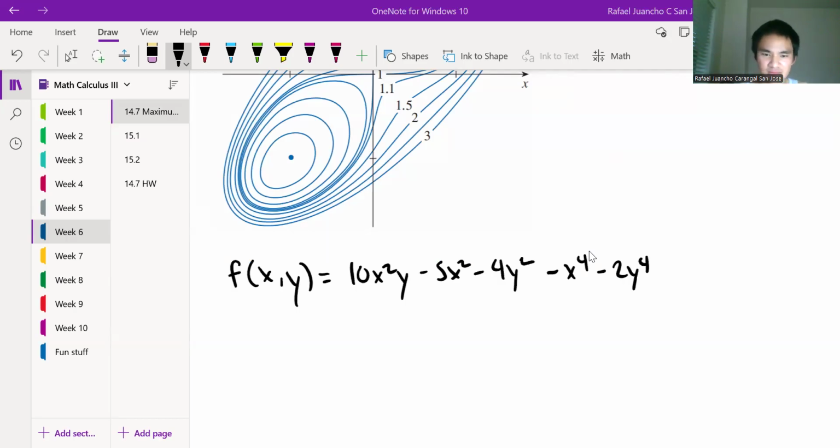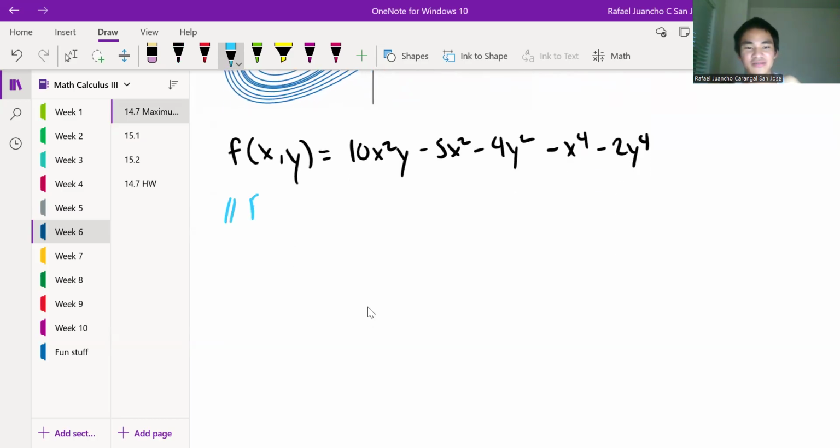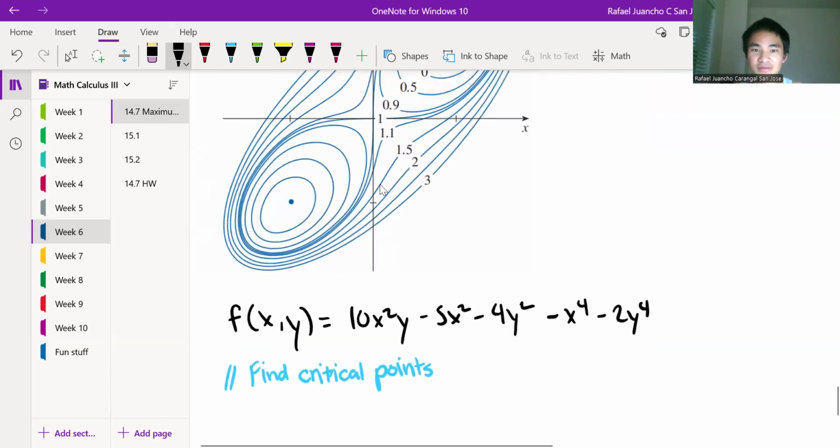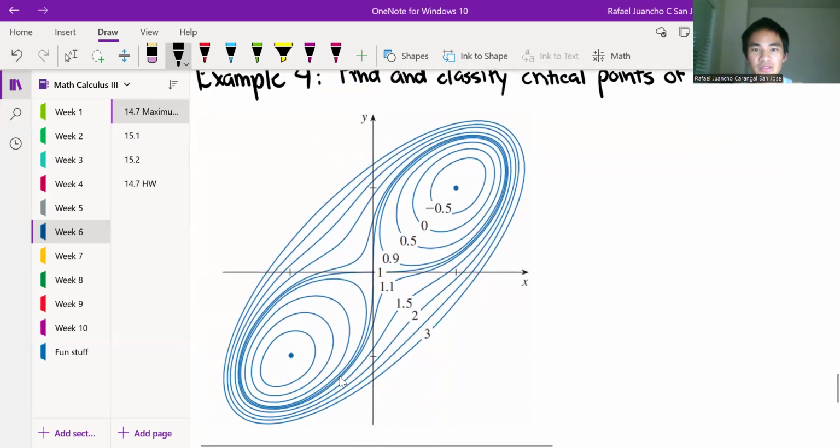Again, actually there's a trick here. We want to do the same thing, I just realized. Again, we want to find the critical points, and use the second derivative test on those critical points. But there's an issue, because in my problem, oh no, my function's given.